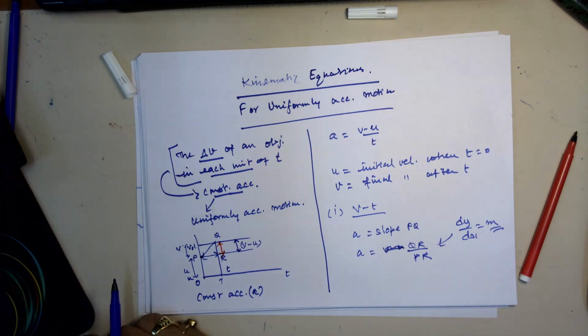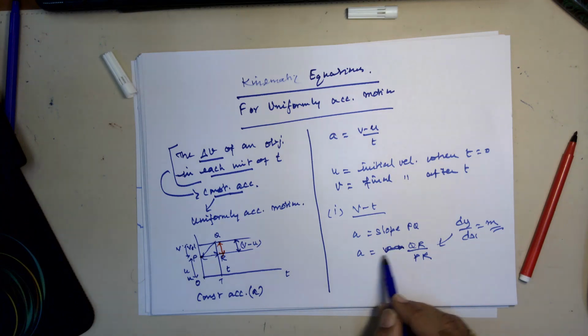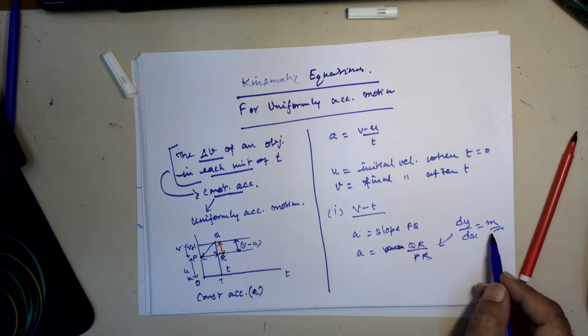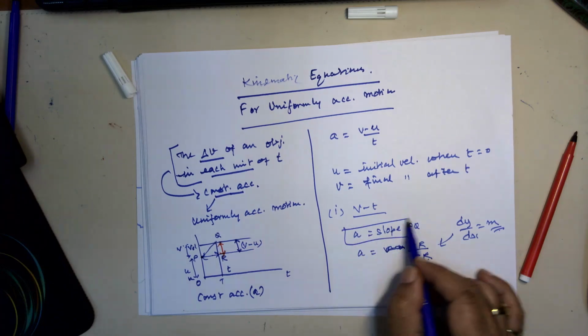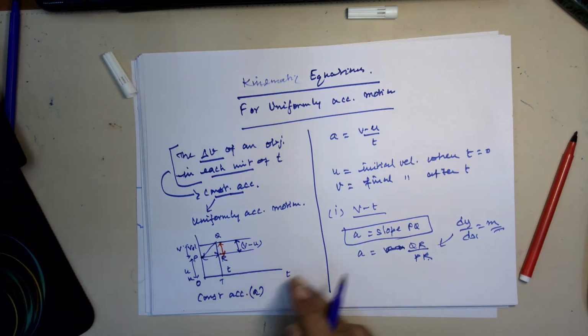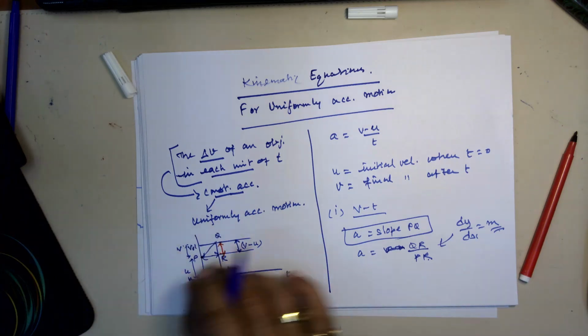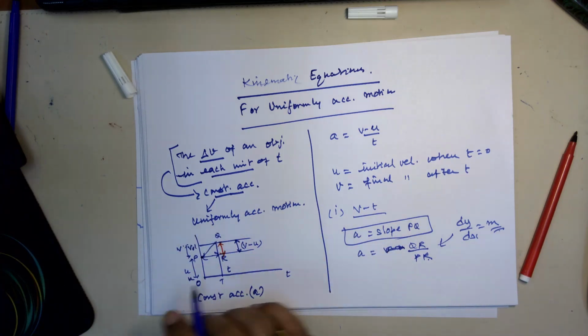Therefore, A is equal to QR by PR, which is nothing but the slope. From the graph, we can obtain the acceleration just by finding the slope PQ.